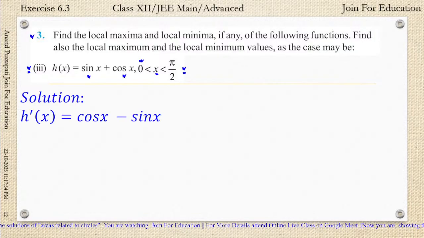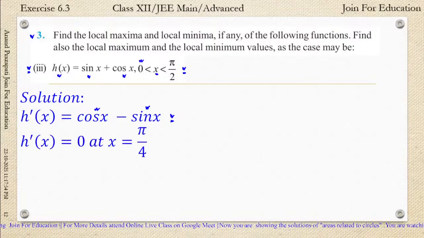First derivative of hx, which is h dash x, equal to cos x minus sin x. I hope there is no problem to understand up to this step. h dash x equal to 0 at x equal to pi by 4.